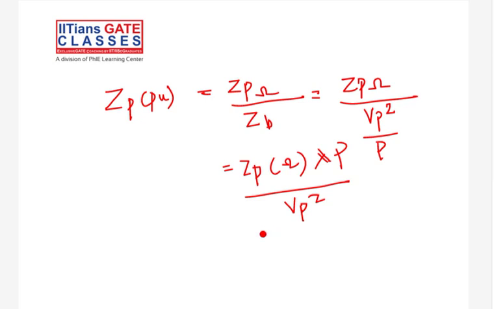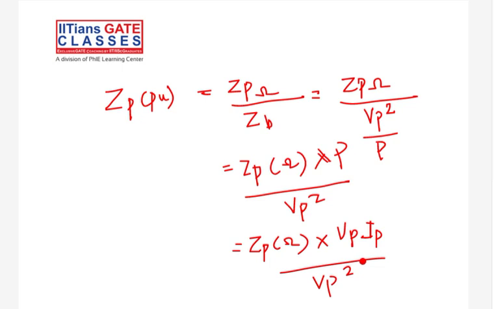So if I do this, it would be Z in ohms into P divided by Vp square. Correct? So this would be okay.